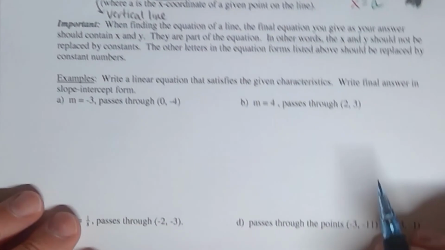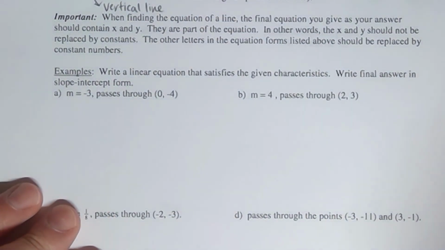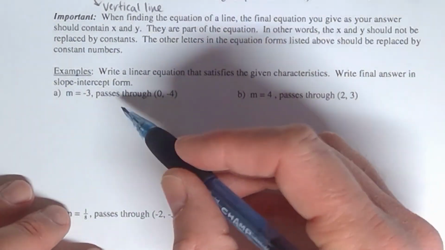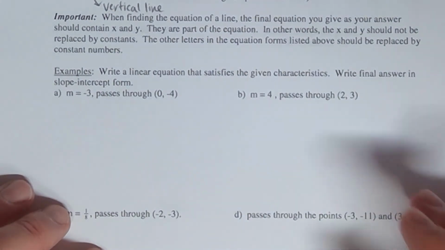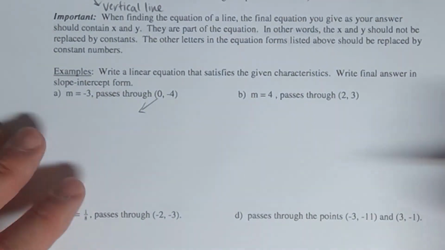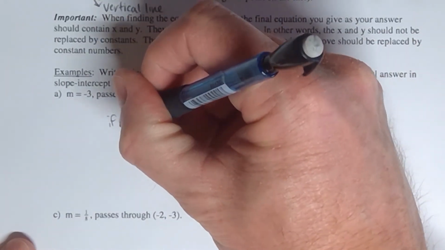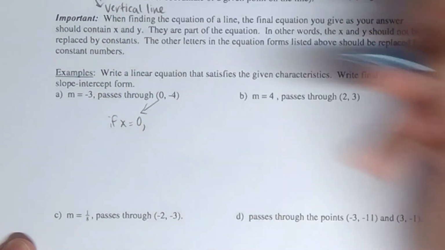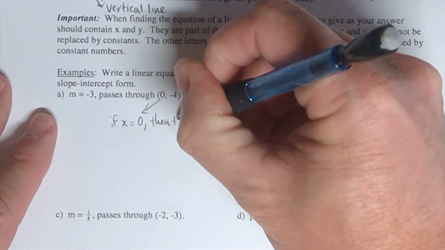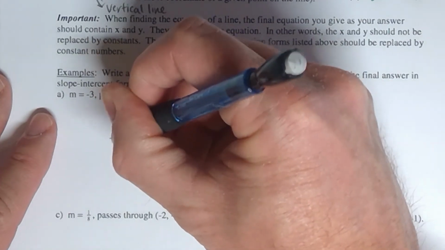Question, you guys. They obviously give us the m. They tell us that. You don't even need to figure that out. But do we know what the b is equal to based on the information that they give us here? Actually, we do, because as we learned previously in the early part of this chapter, if you get a point where x is equal to 0, then that automatically means that this point is the y-intercept.